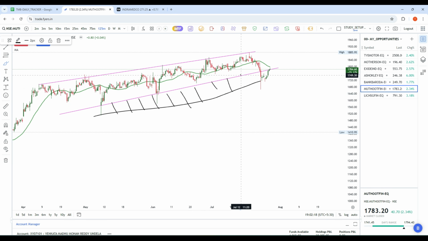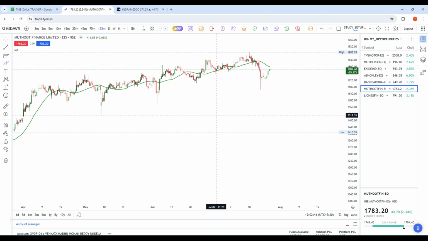But what happened, this is called a liquidity run. This is called a liquidity run, okay. Since it is a demand zone, because of this demand zone it came for the retest, okay. We have to see the further trend lines here.